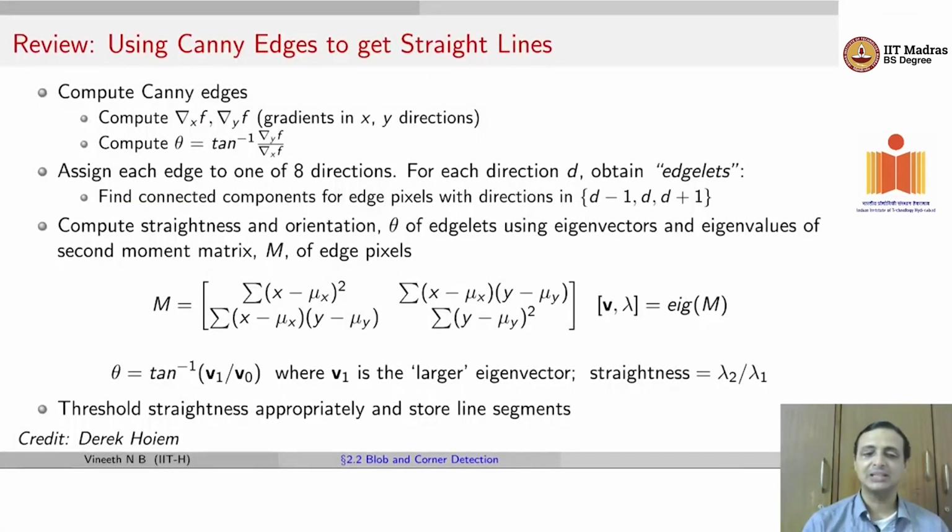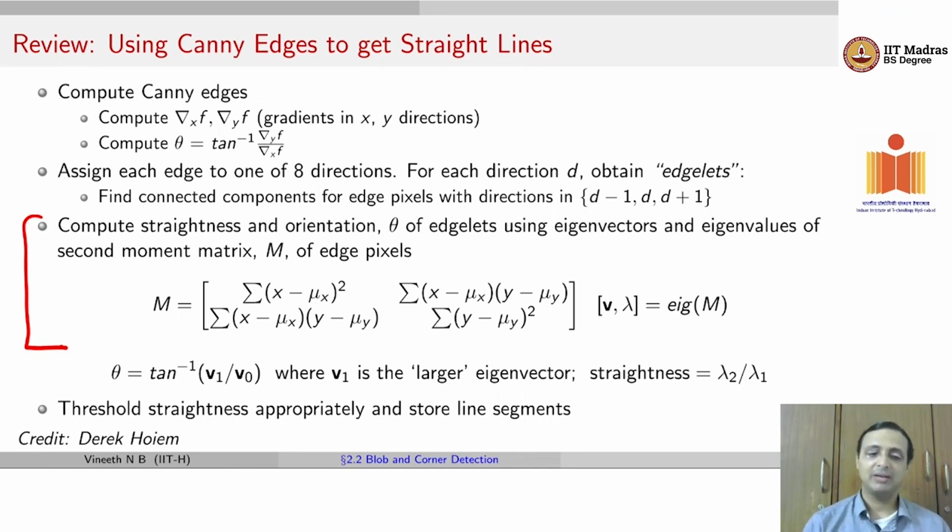Once you compute your edgelets, we then compute two quantities: straightness and orientation of the edgelets. And the way we go about doing this is using the eigenvectors and eigenvalues of the second moment matrix of the edge pixels.